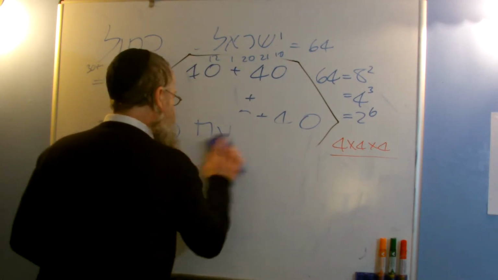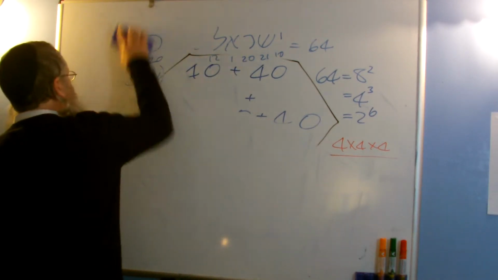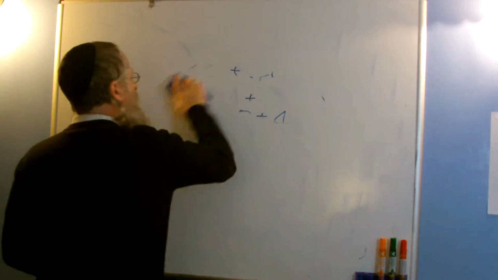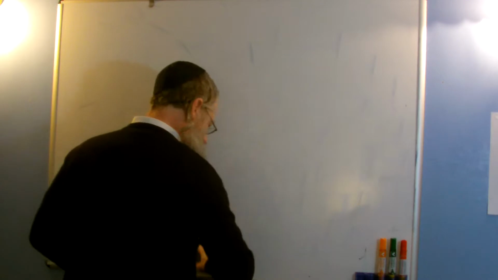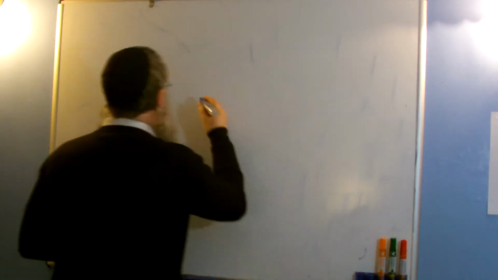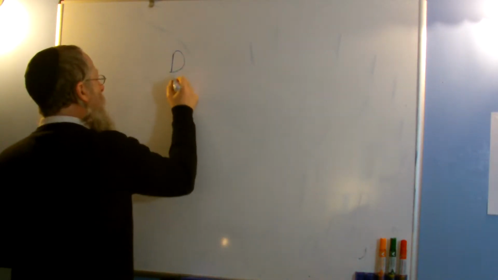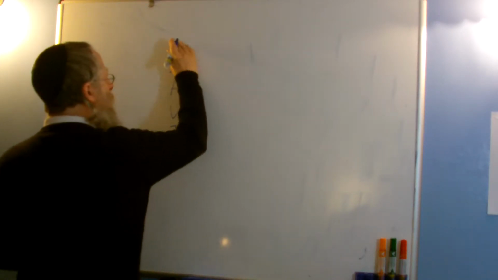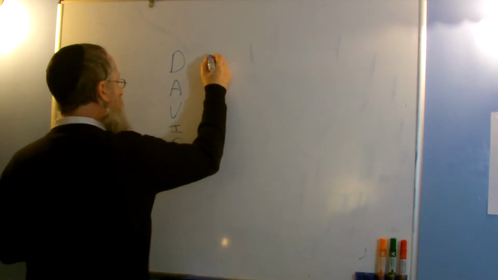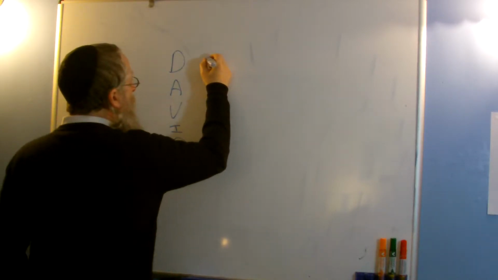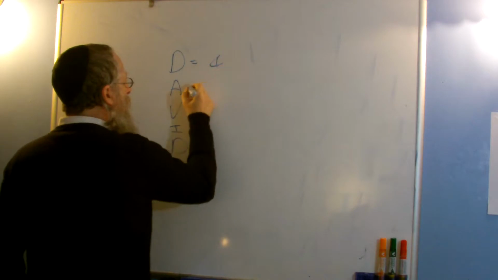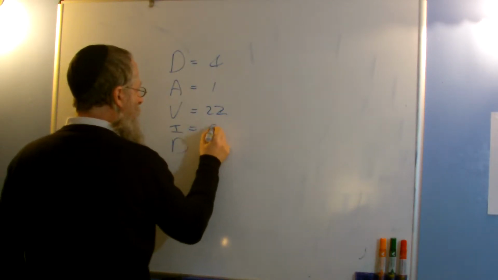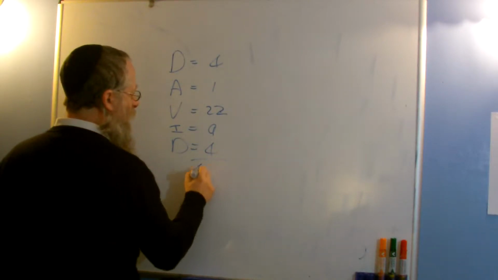Now, we're going to go to David. How is he related? So David equals, first of all, the placement values for 1, 22, 9 and 4 we've had before, which is 40.